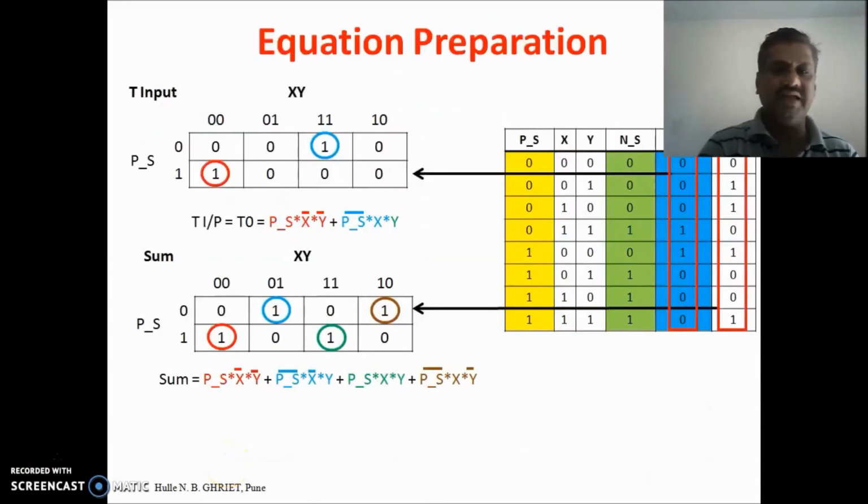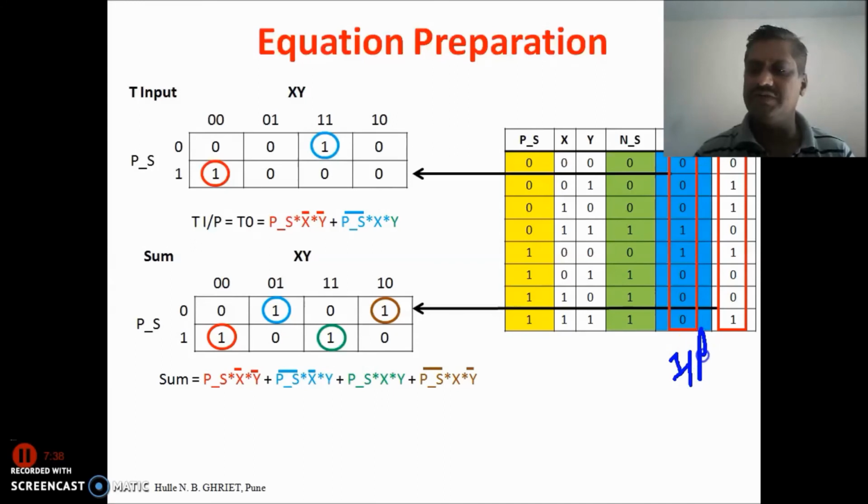Now here, using the same table, this is the input to the T flip-flop, and this is the output, that is the sum. Now we are preparing the equation for T input.